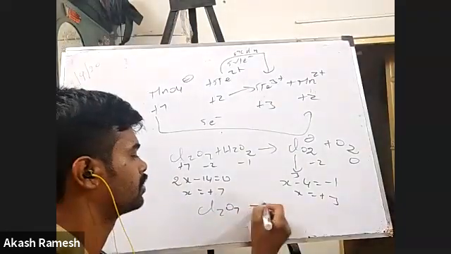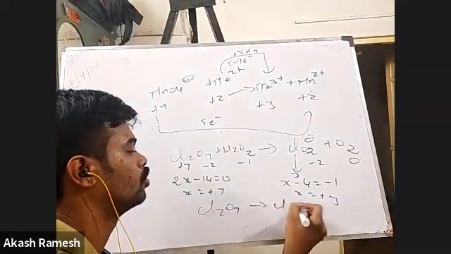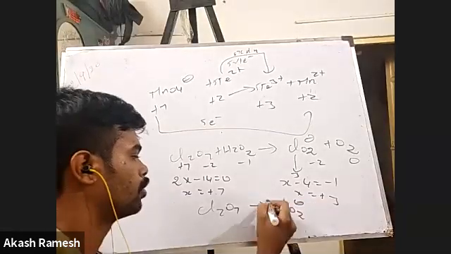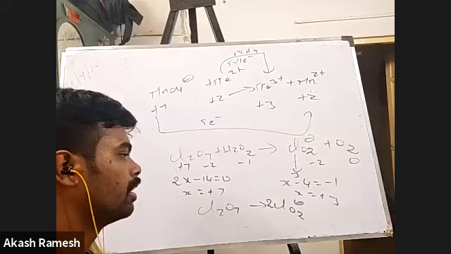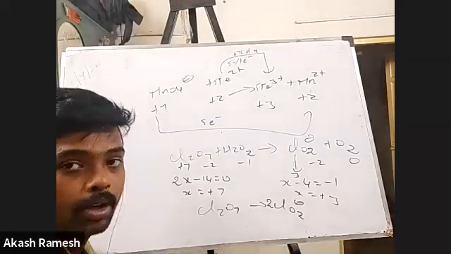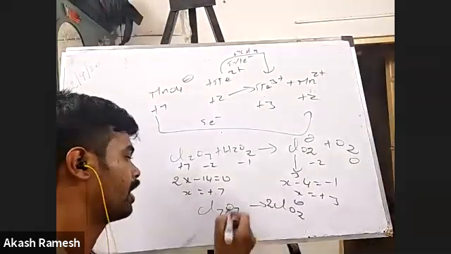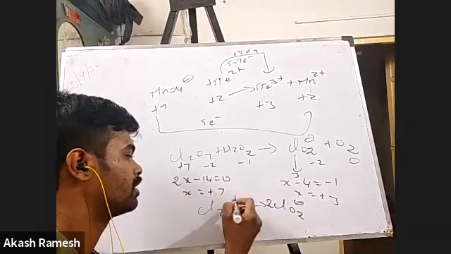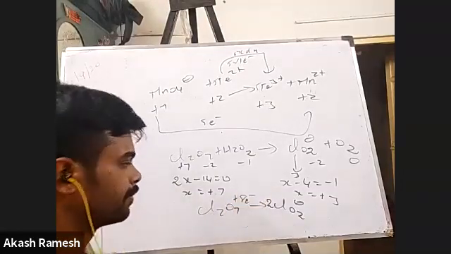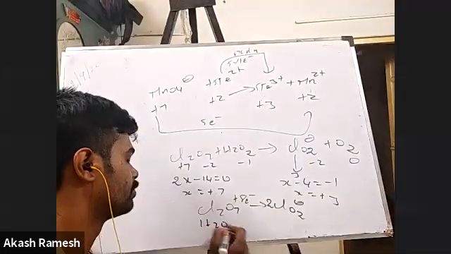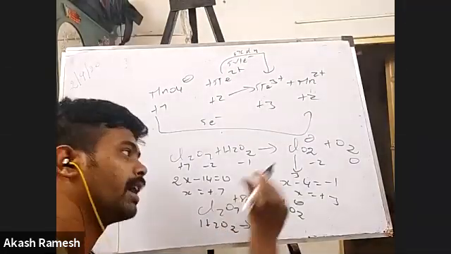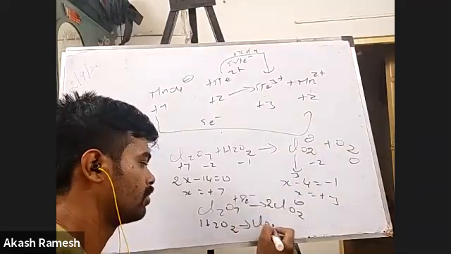Cl2O7 becomes ClO2 minus, so let me put 2. Here it is plus 7 to plus 3, for 1 chlorine atom. Here I have 2 chlorine atoms, so it is 4 electrons each, 8 electrons have to be accepted. Done, right? Now, if I take H2O2, I have to include this also.